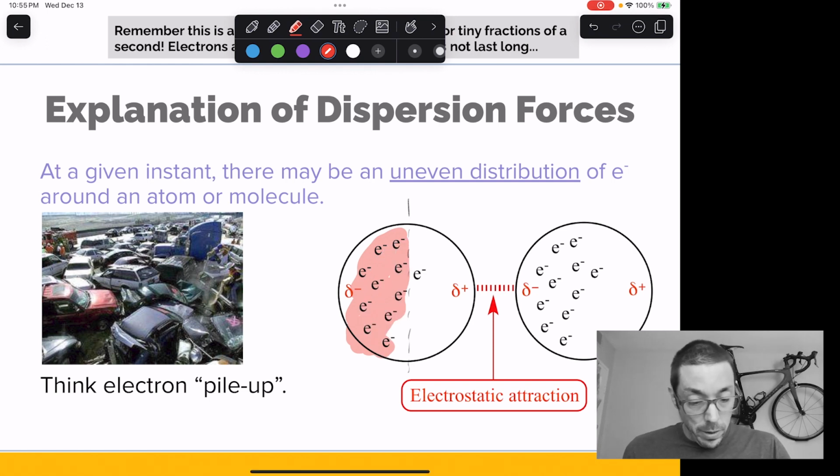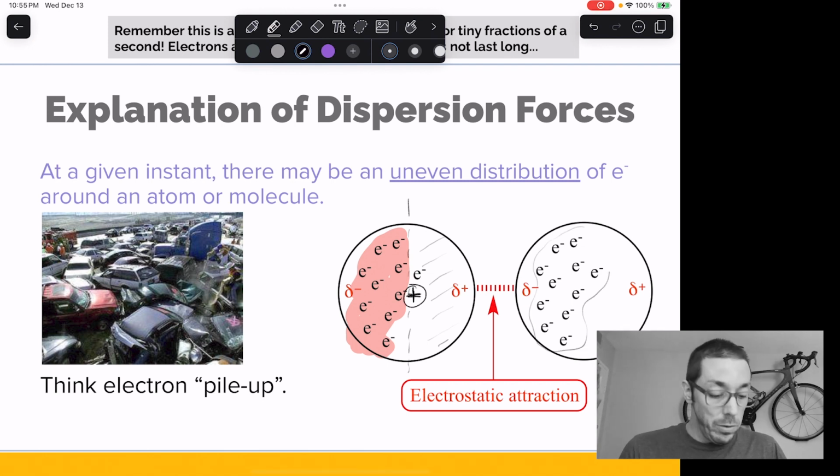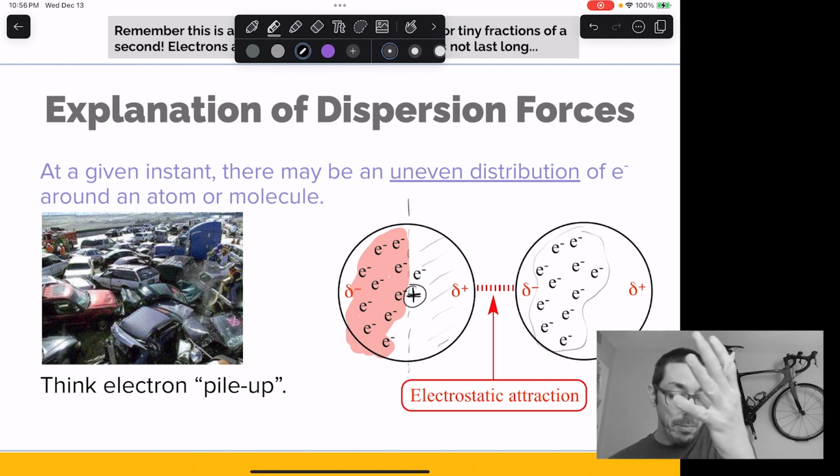And so the nucleus, which we know is positive, is not really being shielded on the right side. So that positive nucleus is able to apply an attractive force to the electrons in the atom next door. And so that causes them to shift over to the left.